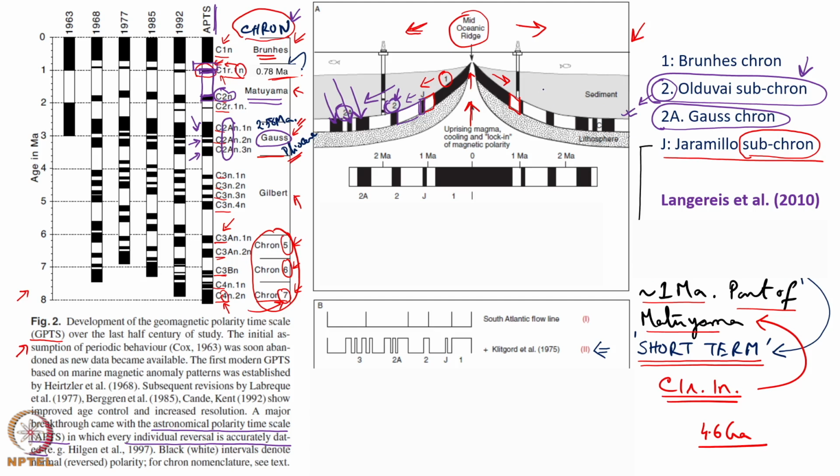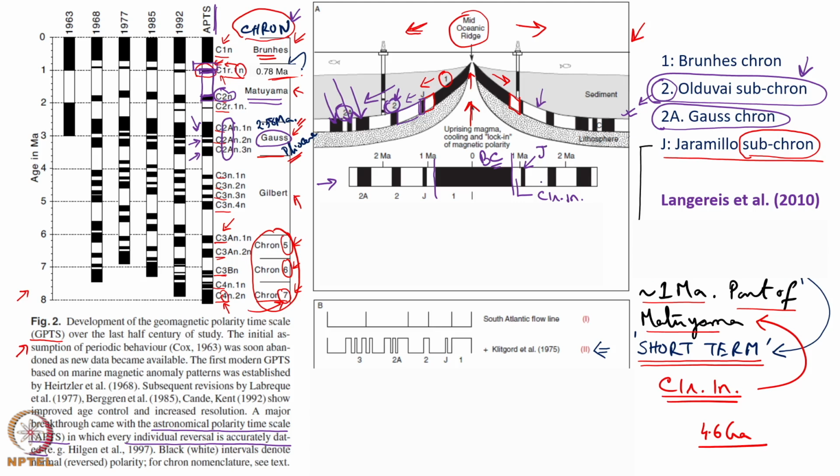If the findings near the mid-oceanic ridge are projected as a single rectangle, then this is the portion of the Brunes chron, after which lies C1r.1n. Then comes the black domain, which is the Jaramillo subchron.